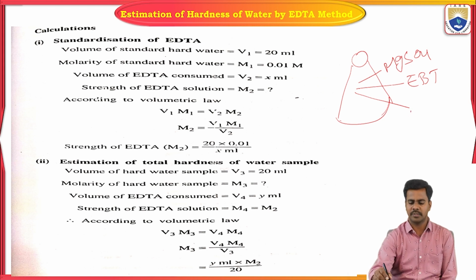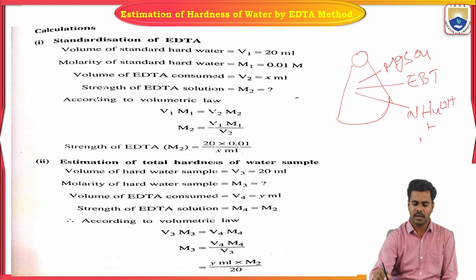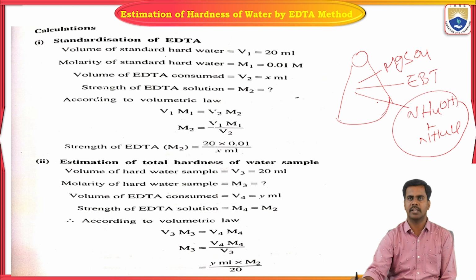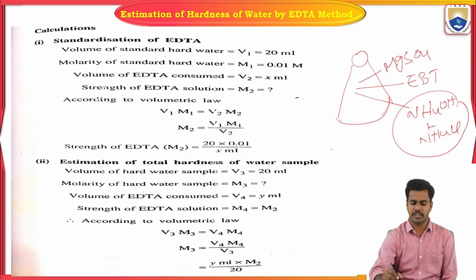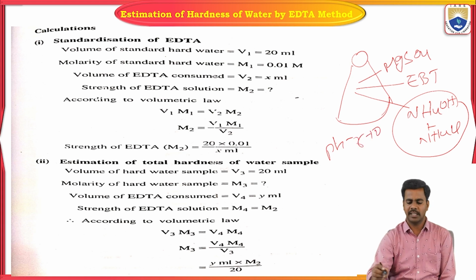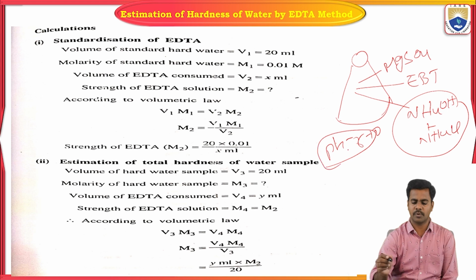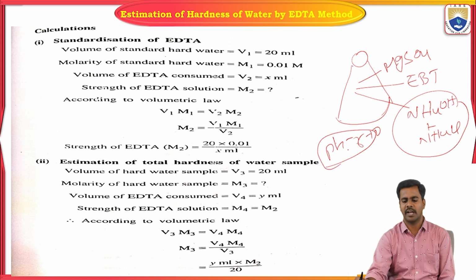Here the buffer solution is ammonium hydroxide plus ammonium chloride. Why should we add buffer solution? To maintain pH around 8 to 10. At that pH range only the reaction is possible. So that's why we have to add ammonium hydroxide and ammonium chloride buffer solution.